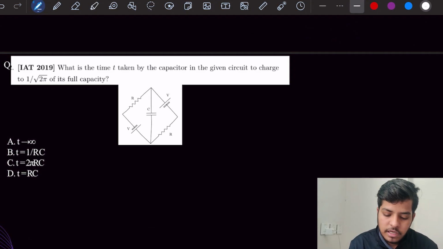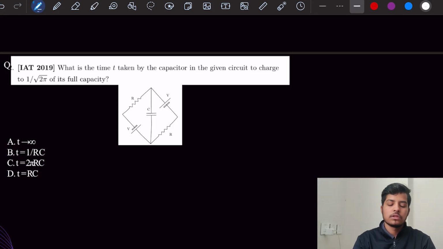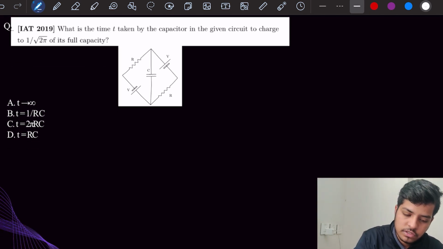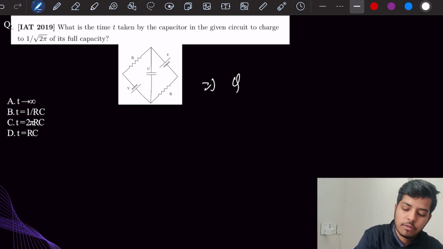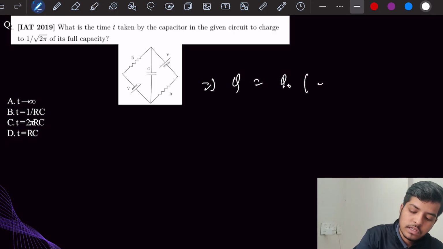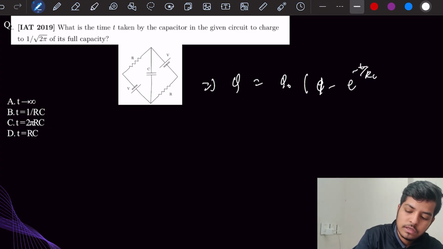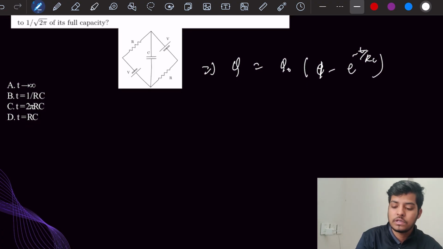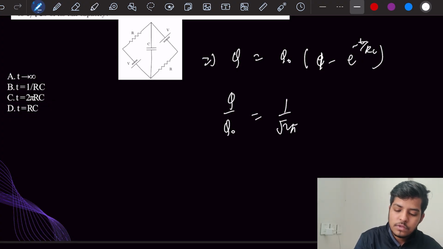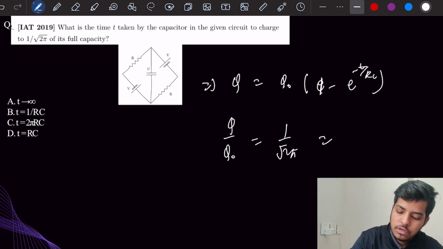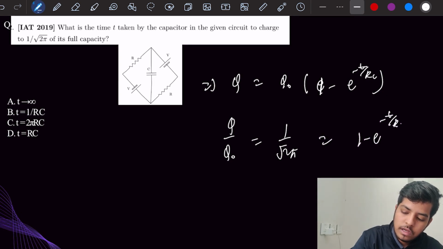What is the time t taken by the capacitor in the given circuit to charge to 1 upon √2π of its full capacity? So solve करते हैं ये second question. जानते हैं that charge in a capacitor is of the form q equals q0 (1 minus e raised to the power -t/τ), where τ is RC, and it is saying that q/q0 equals 1/√2π. So 1/√2π equals 1 minus e raised to the power -t/RC.